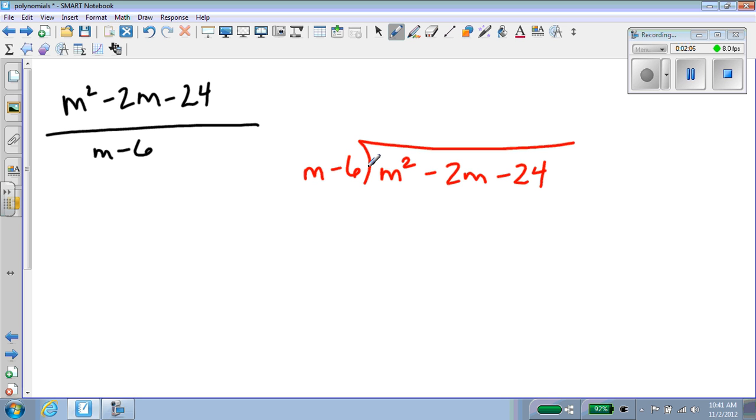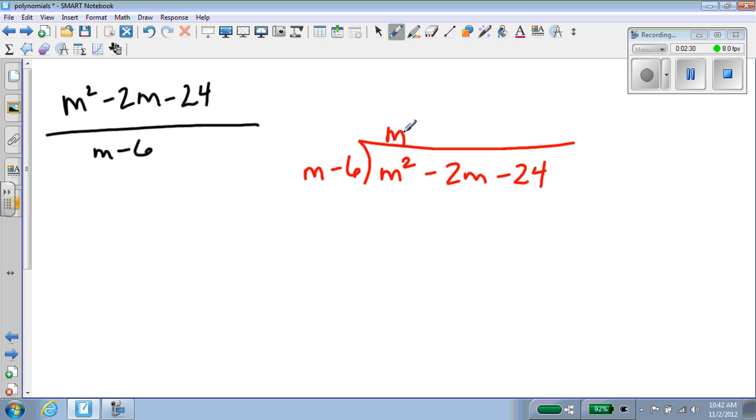Alrighty. In order to do long division, we focus on the first term and force all the other terms to just fall in line. So m squared divided by m would just be m.